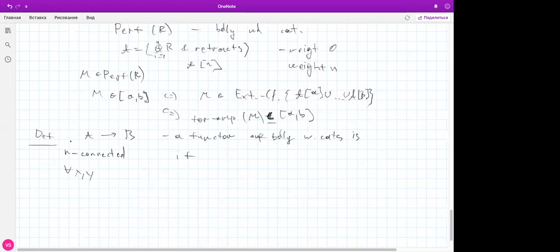Since I chose A as a notation for a stable infinity category here, it's a bit annoying, but yeah, in weight 0, the maps from x, y to maps fx, fy is unconnected.